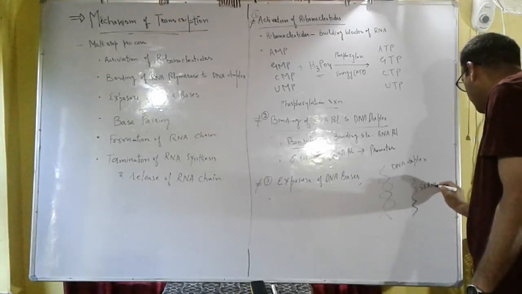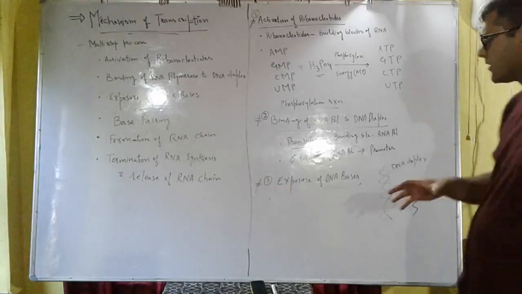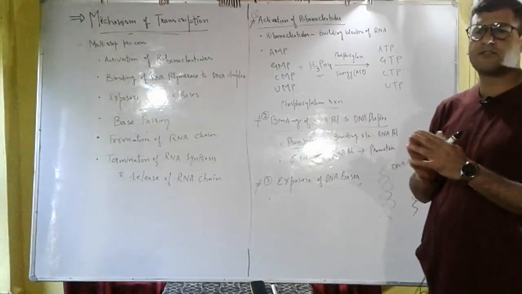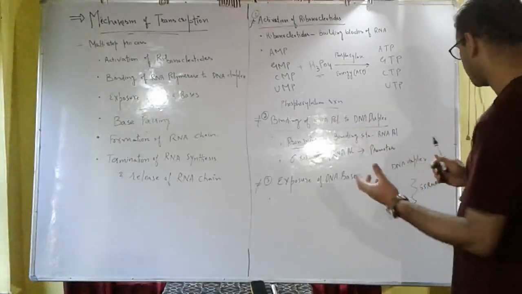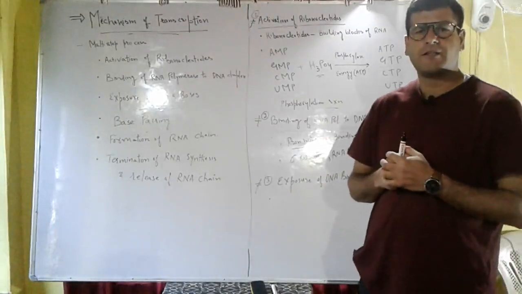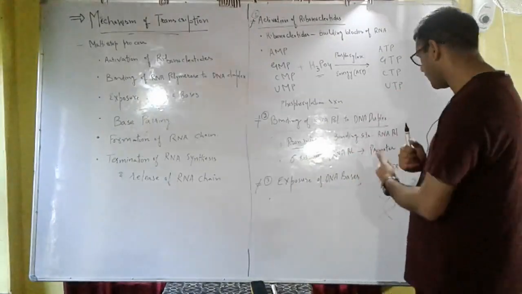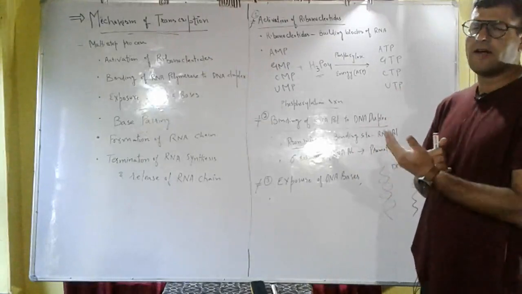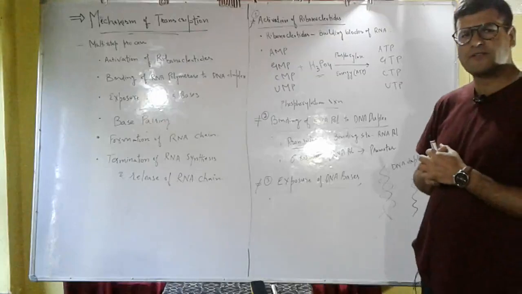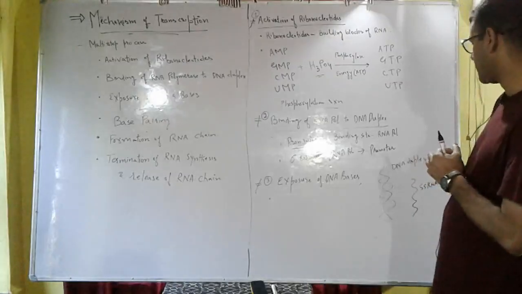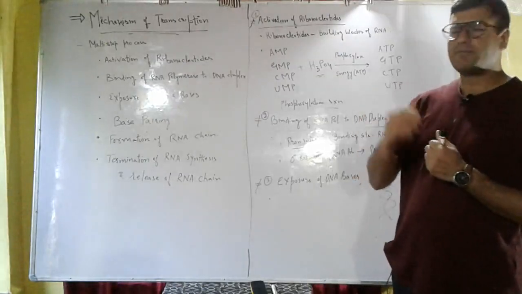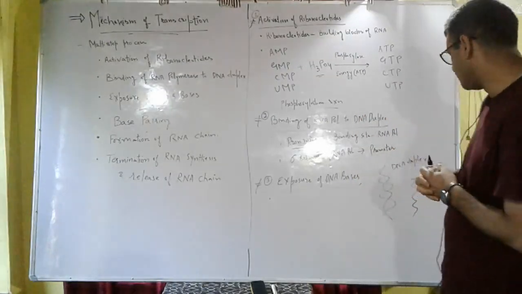So it is necessary that the two strands of the DNA get separated, unwind, and unzip, so that one of the two strands will act as a template for the synthesis of the RNA. As RNA is single-stranded and DNA is double-stranded, only one strand of the DNA, called the template strand, will act as a model for the synthesis of the RNA.